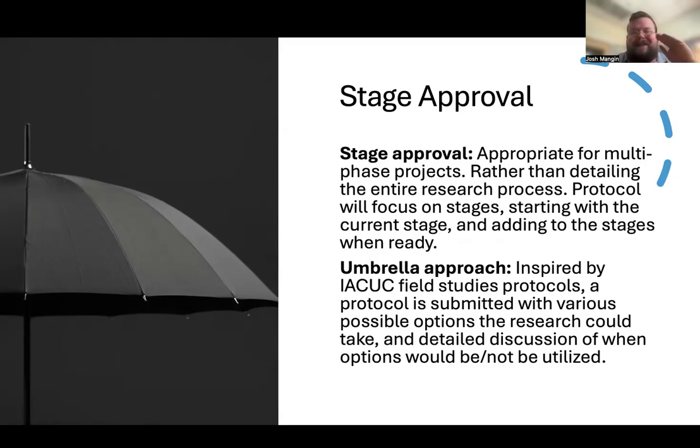If feedback is this, we'll go in that direction. So, an umbrella approach is we have various options laid out and detailed, describing when those options will and will not be utilized, and we can approve those components. And then again, having communication, or maybe an annual review of the community members and the researchers describing what options were selected through that process.